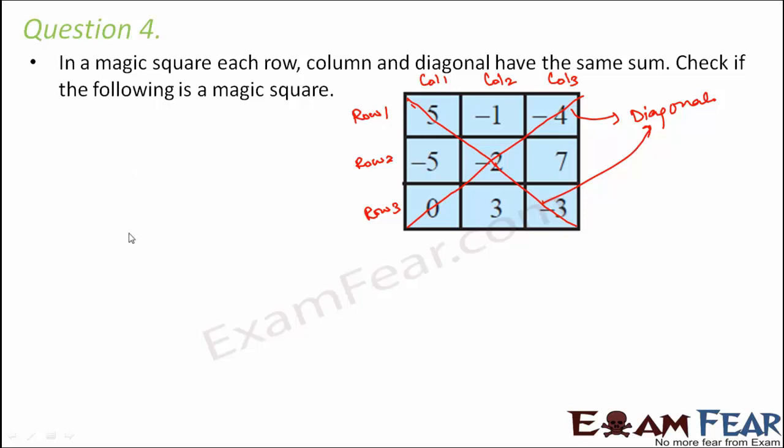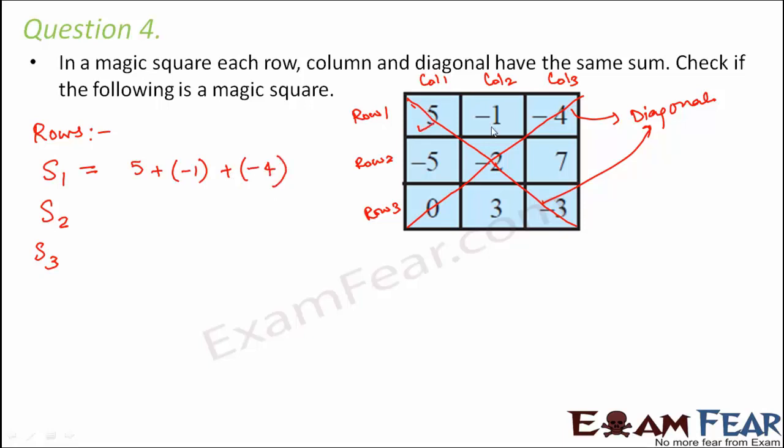In order to find that, let us first try to find out the sum of all the rows. So we will find out the sum of row 1, row 2 and row 3. So what is the sum of row 1? This is 5 plus minus 1 plus minus 4.